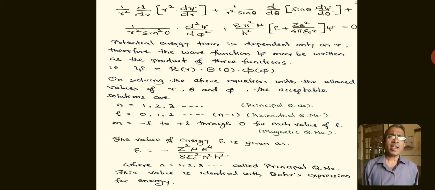So this is the Schrödinger wave equation in terms of polar coordinates.